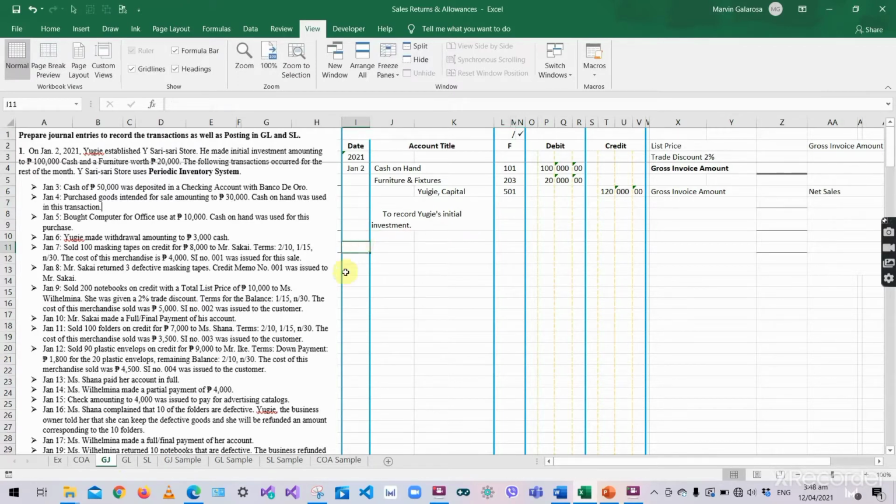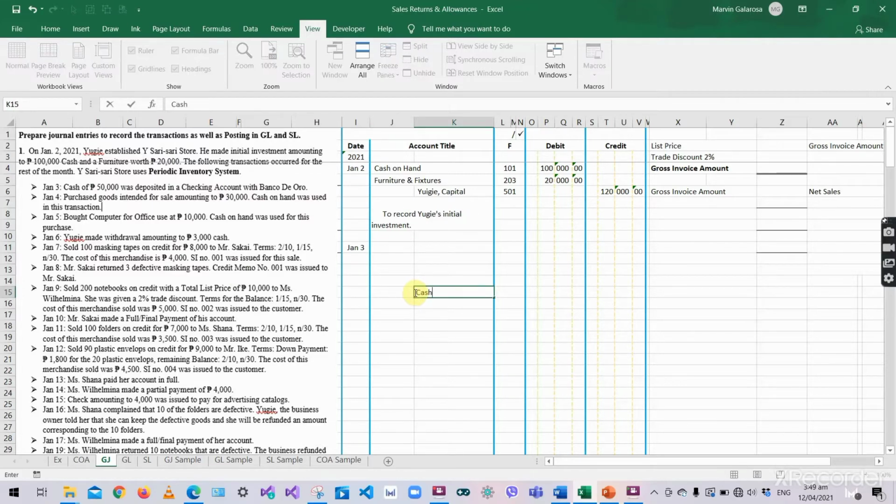Next transaction, January 3. Cash of 50,000 was deposited in a checking account with Banco de Oro. So, nag-establish na tayo ng savings account sa bangko. Entry would be, mag-i-increase ang iyong cash in bank, mababawasan naman ang cash on hand.